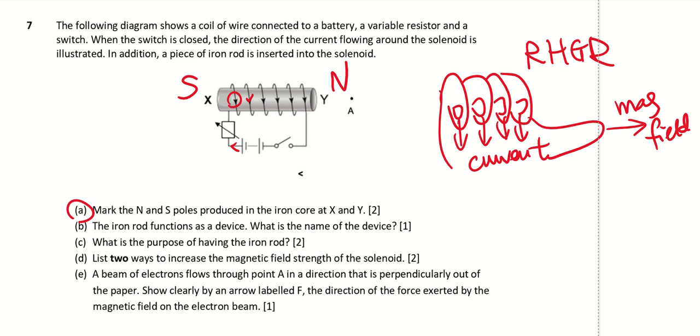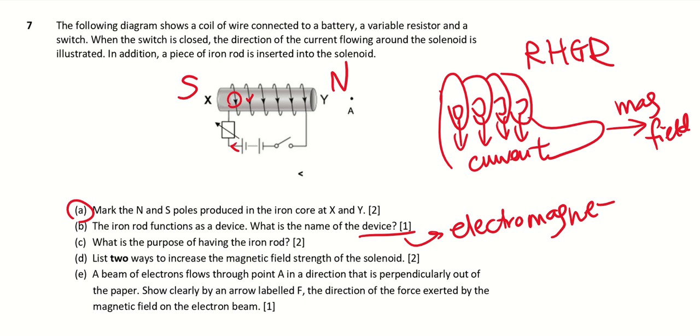Use your right hand grip rule. Next, the iron rod functions as a device. What's the name of the device? It is an electromagnet. What is the purpose of having the iron rod? Because the iron is a soft magnetic material.